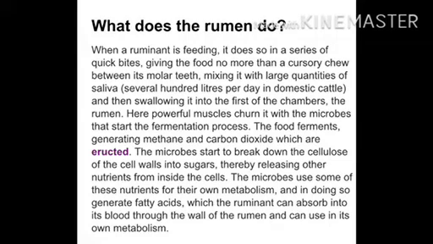When a ruminant is feeding, it does so in a series of quick bites, giving the food no more than a cursory chew between its molar teeth, mixing it with a large quantity of saliva, several hundred liters per day in domestic cattle, and then swallowing it into the first of the chambers, the rumen.